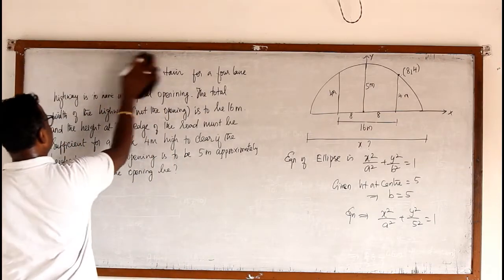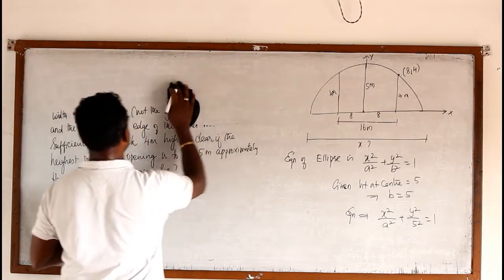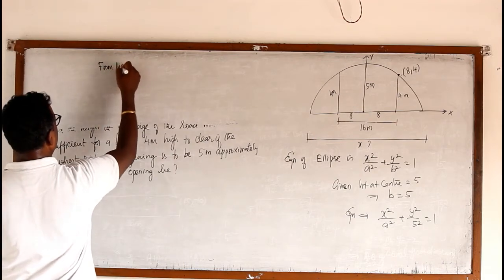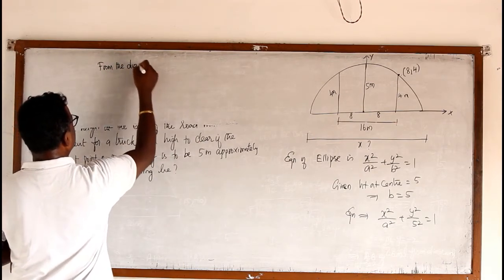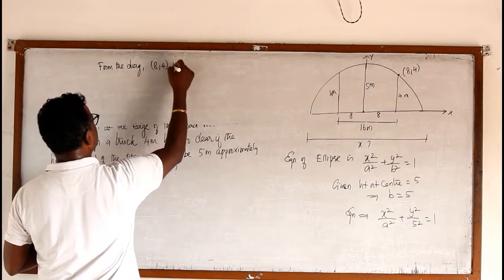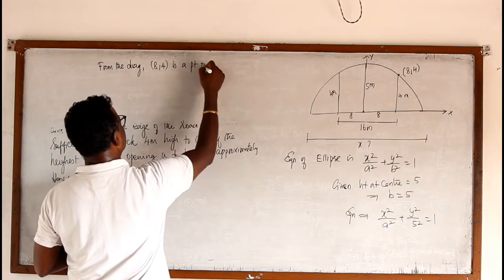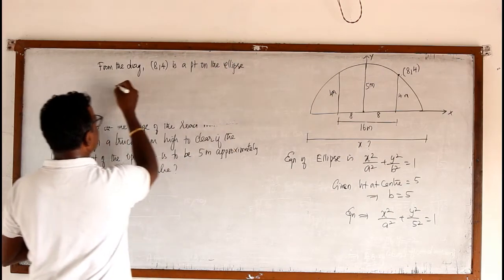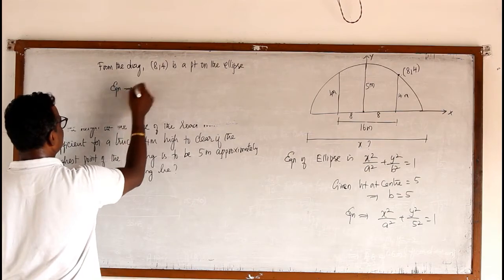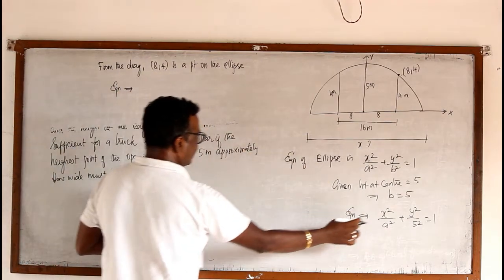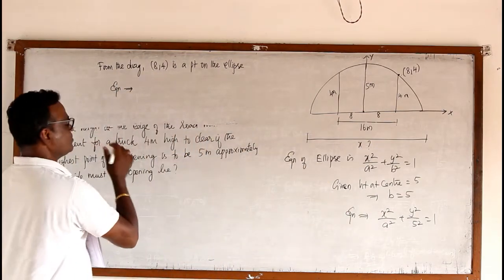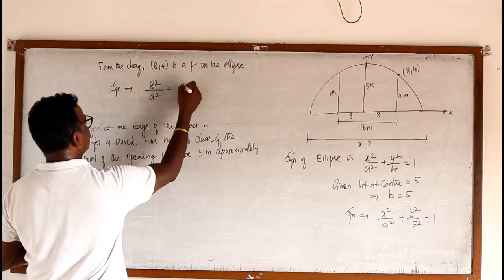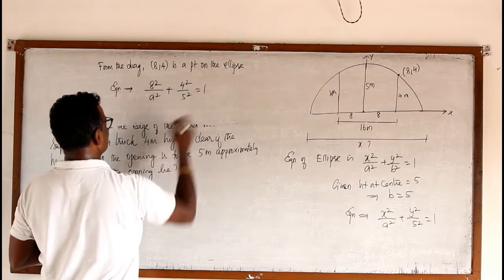So, (8, 4) is a point on the ellipse from the diagram. Then if I substitute x as 8 and y as 4, I will get the value of a square. So it is 8 square by a square plus 4 square by 5 square equal to 1.